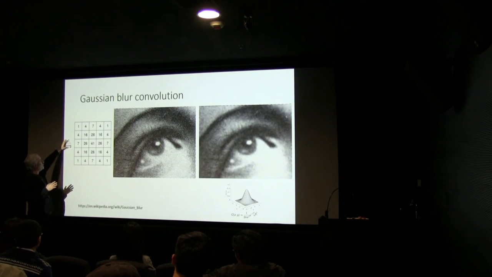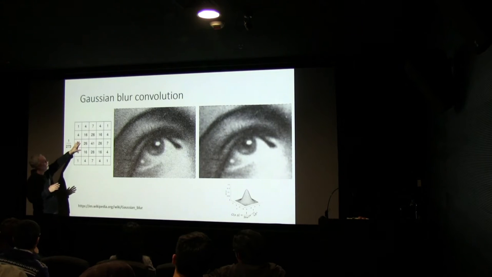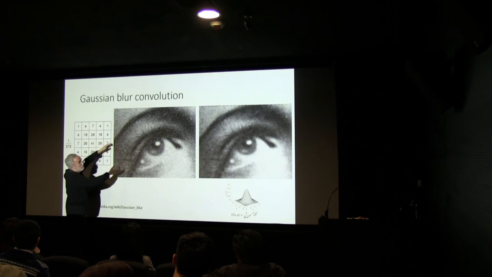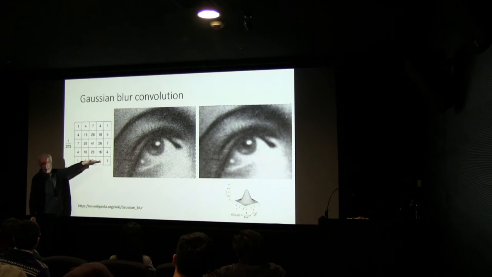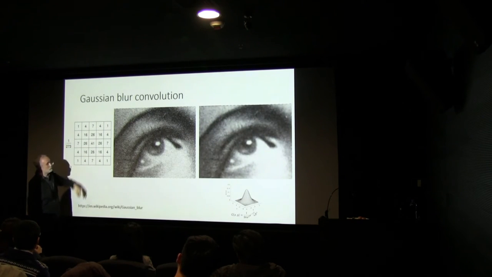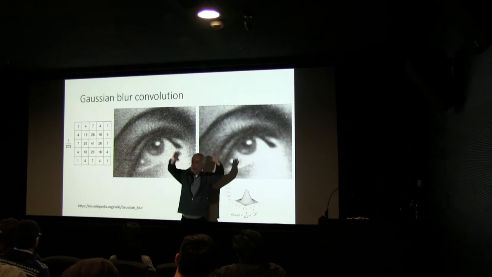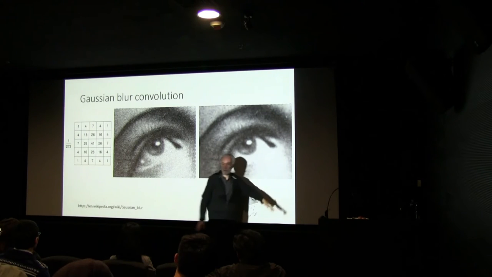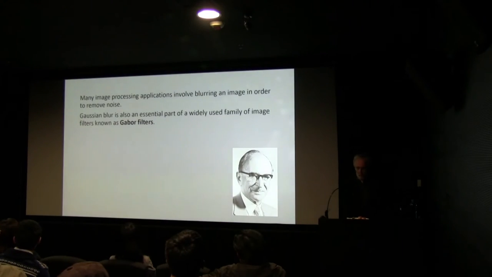So this factor will just make sure that all of these entries add up to 1. So when we apply this kernel to this image, it will blur the image as well. And what it will do again is create an averaging of all the pixels in a 5 by 5, in this case, window. But the kind of averaging is more smoother, you can say. So this is called a Gaussian blur convolution.